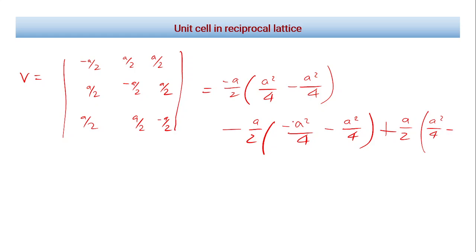I hope you guys remember how to find out the determinant. This will be plus A squared by 4.